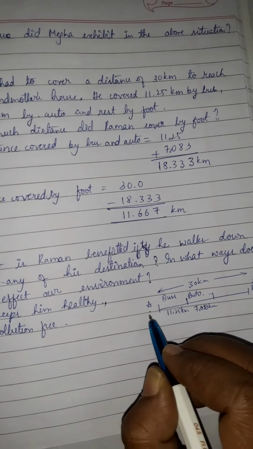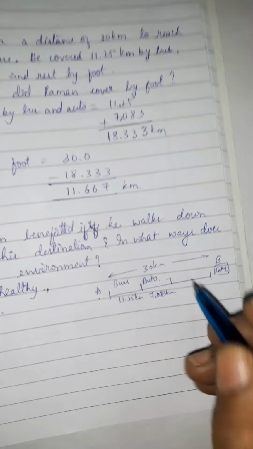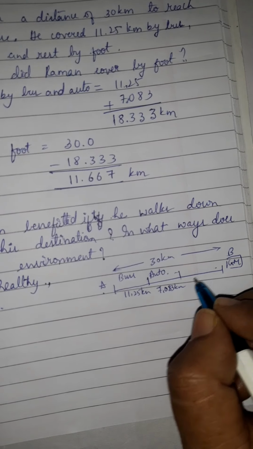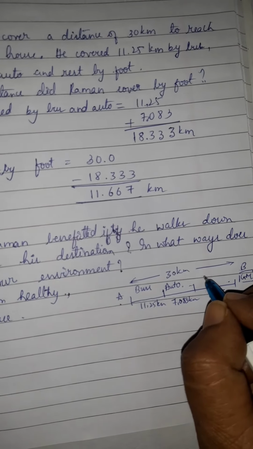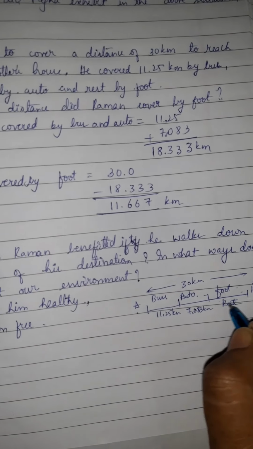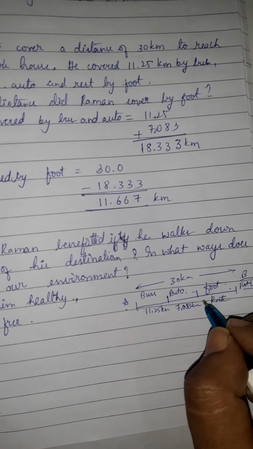To cover this distance, he is using different modes of transport. First by bus, then by auto, and the rest by foot. The rest distance, what is left now, he covers using his feet. By walk he is reaching his grandmother's house.